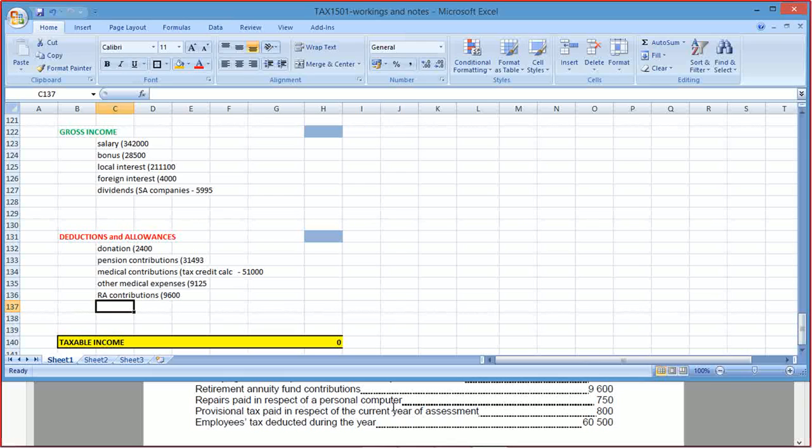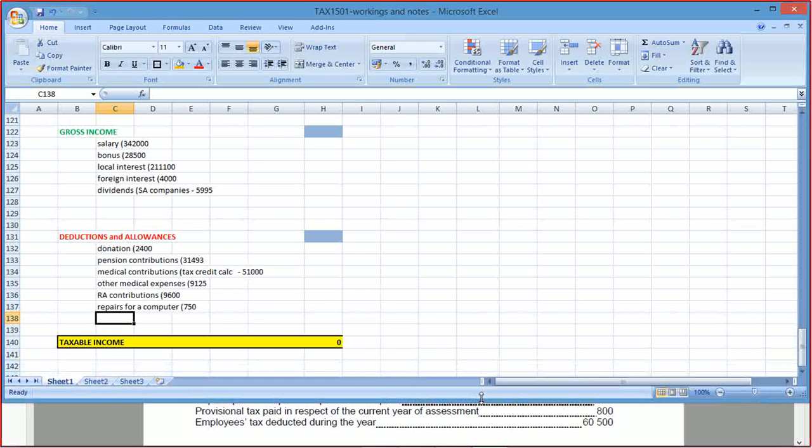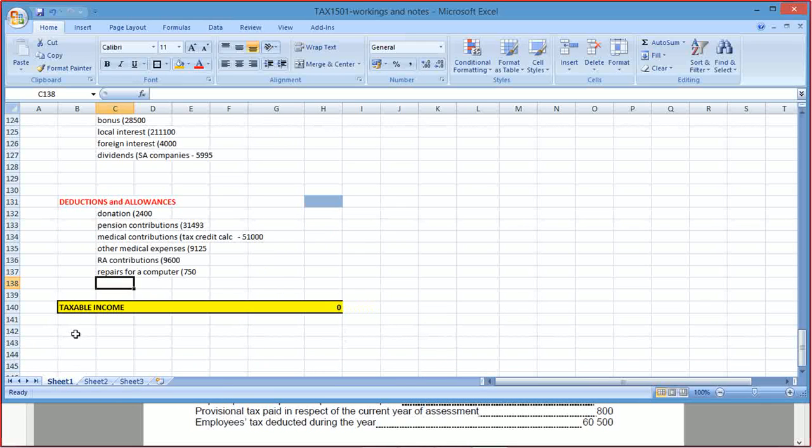Repairs in respect of a personal computer, in brackets, 7,750. Go down. Provisional tax is down here.